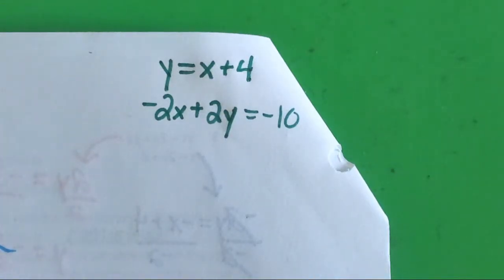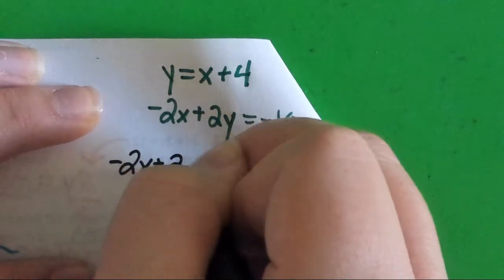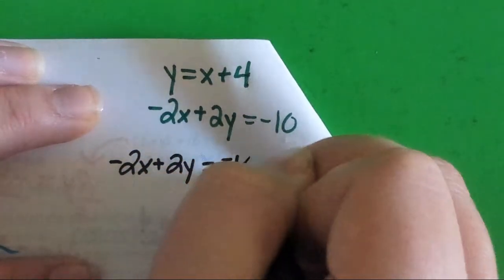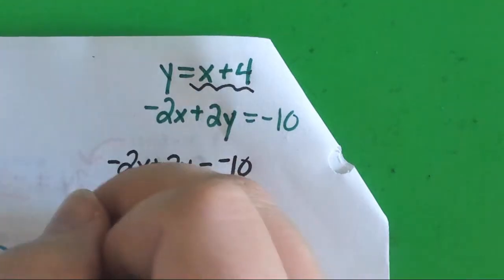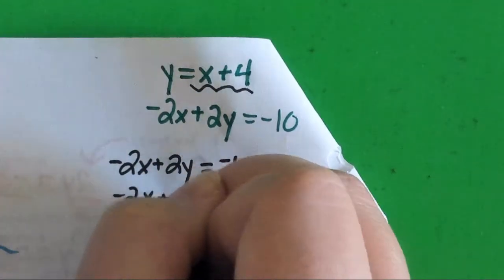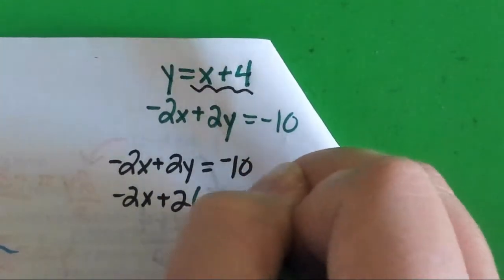It is already solved for you: y equals. So everywhere in that second equation that I see a y, I'm going to replace it with x plus 4. So it used to be negative 2x plus 2y equals negative 10, but I know y is really x plus 4. So I'm going to have negative 2x plus 2, and then y is really x plus 4.